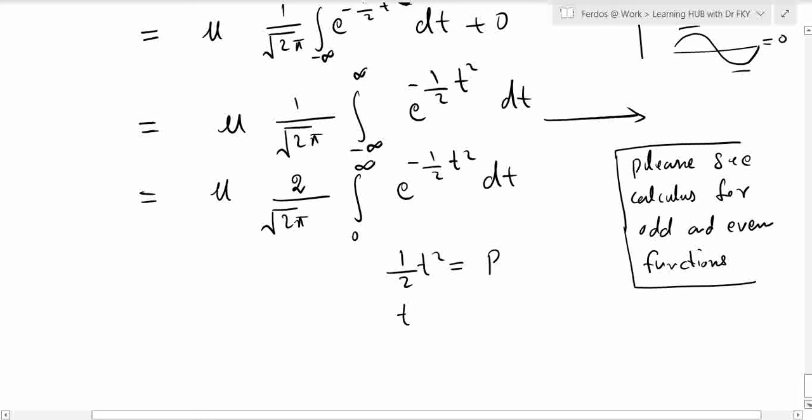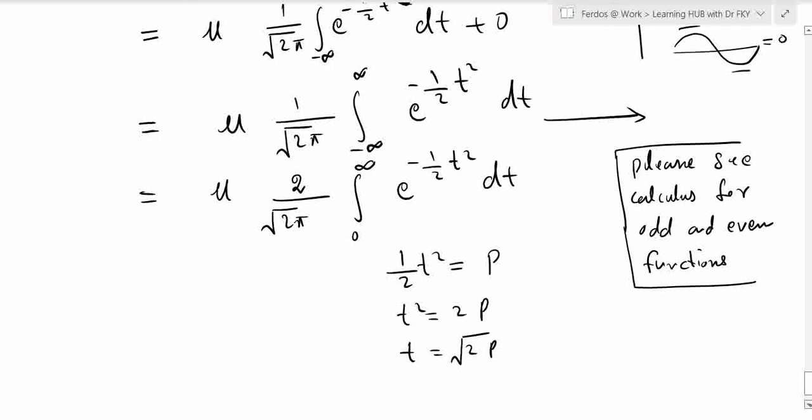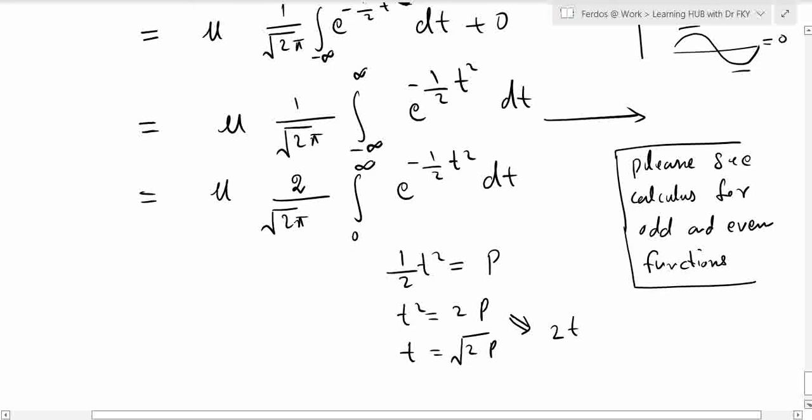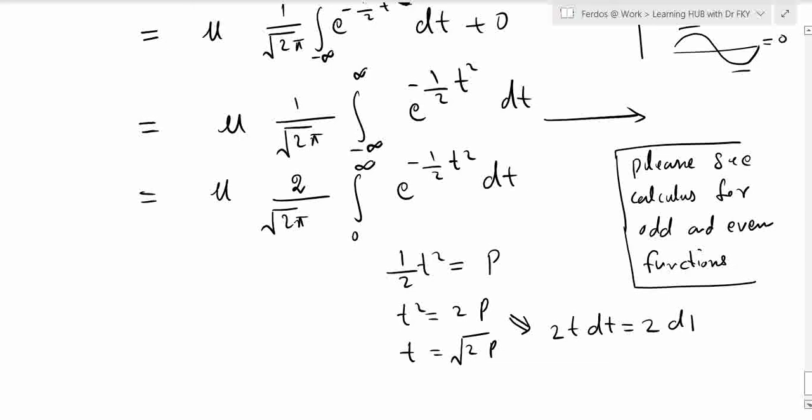This means that t square is equal to 2p, which further means t is equal to the square root of 2p. Further, we need dt here, so take the derivative of this: 2t dt equals 2 dp.